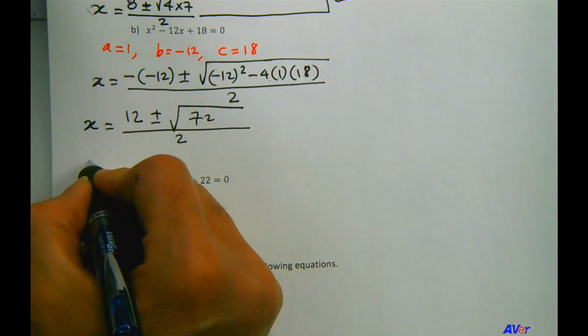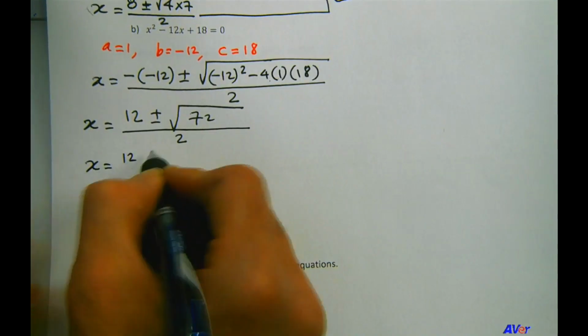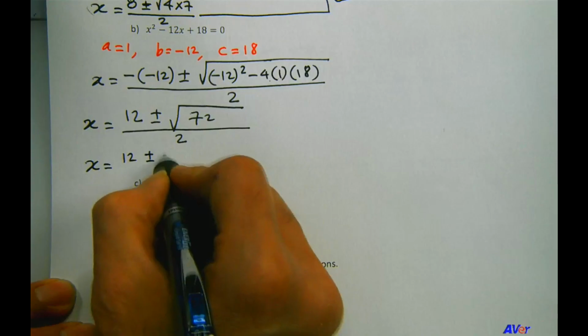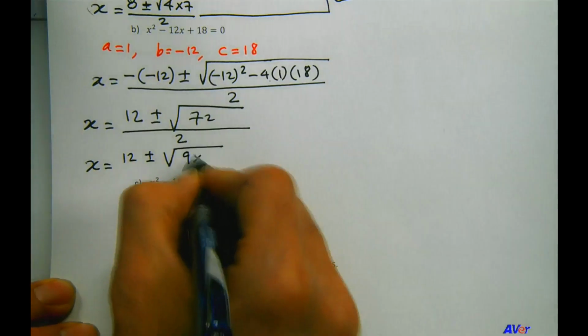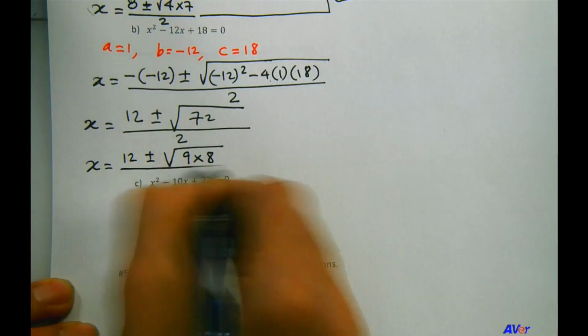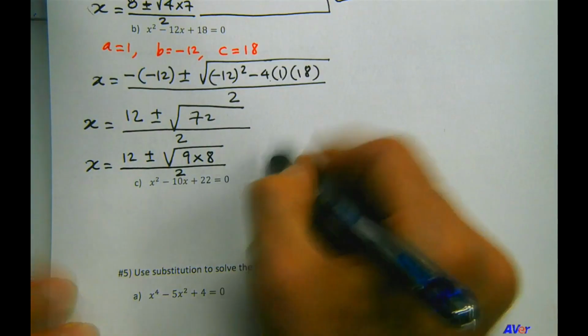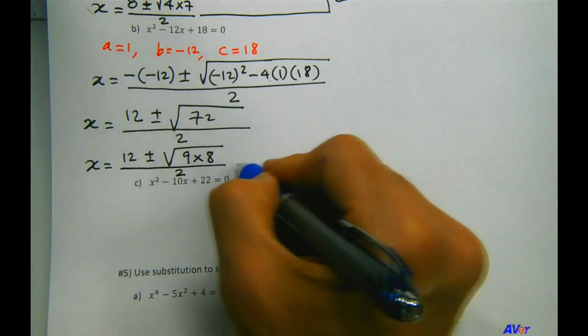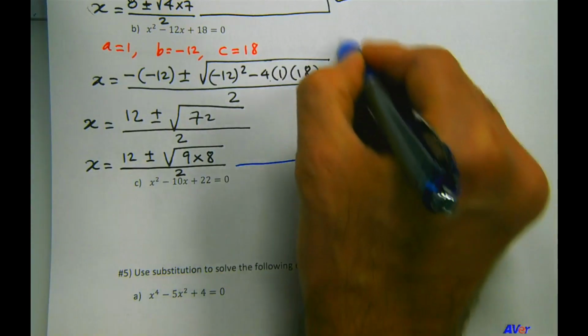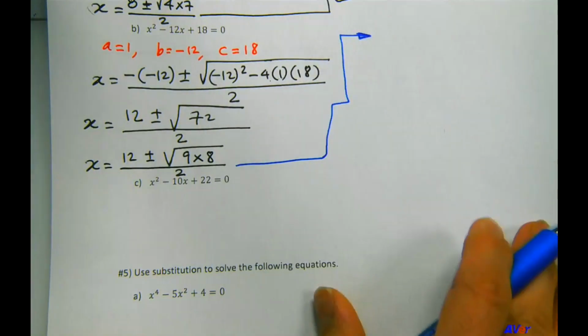So x equals 12 plus or minus square root of 9 times 8 divided by 2. And let me come up here to put the rest of the solution.